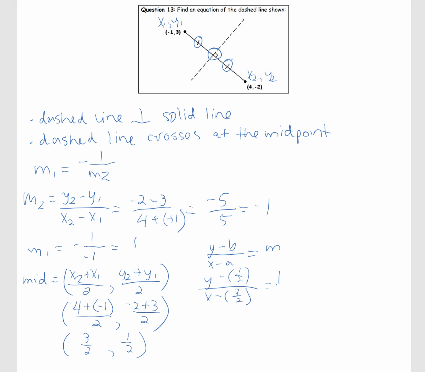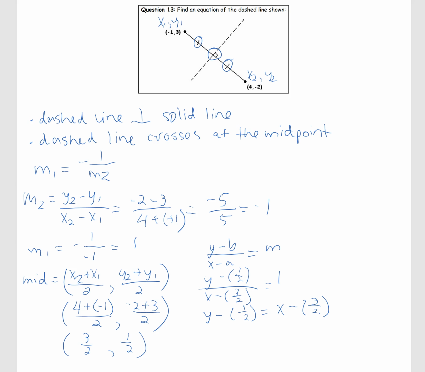So we can rearrange this a bit by multiplying both sides of our equation by x minus 3/2. And this gives us y minus 1/2 equals x minus 3/2. So I've just multiplied that by 1.